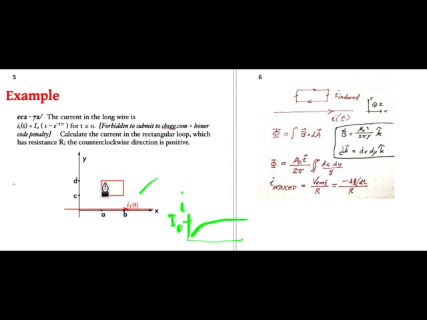And now, nearby the wire, there's a rectangular loop of wire. And the problem is to calculate the current in this rectangular loop of wire. Let's say the wire here has resistance R. So here's I1.